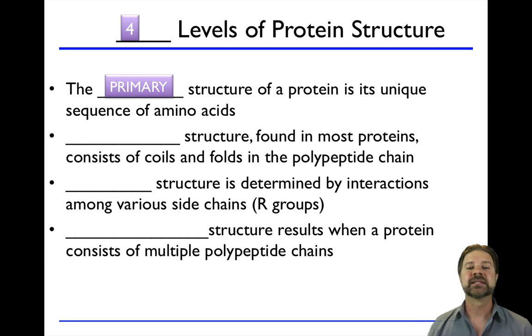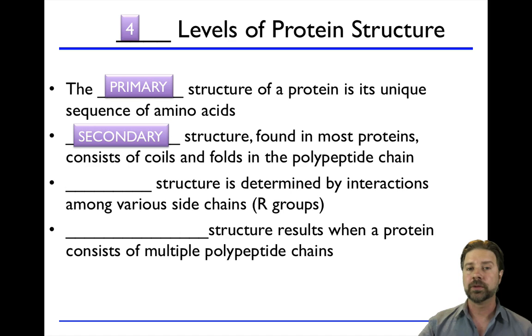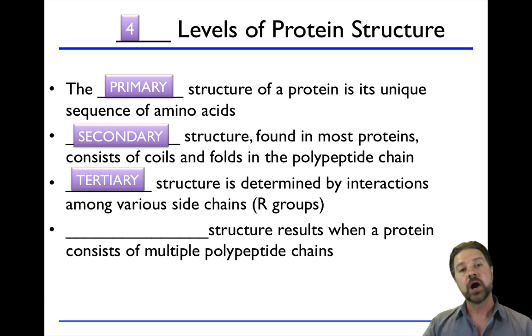Primary structure is its unique sequence of amino acids. Secondary structure is going to consist of those coils and the folds we were talking about in a couple of earlier pictures. Tertiary structure is going to be determined by interactions amongst the side chains. Those R groups are going to basically chemically react with each other, maybe pull in tight, maybe repel each other.